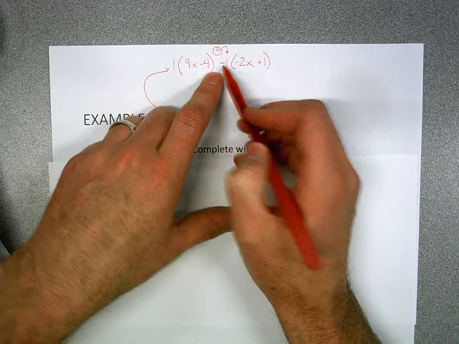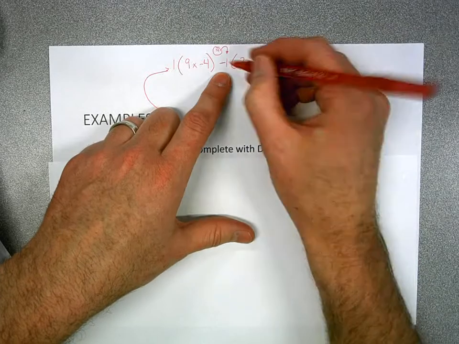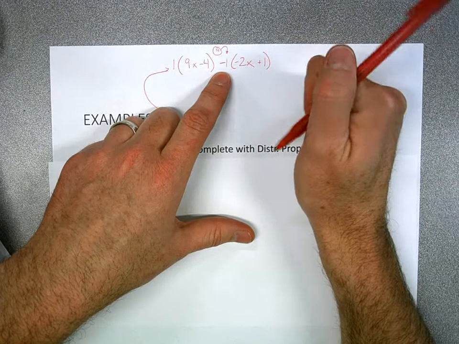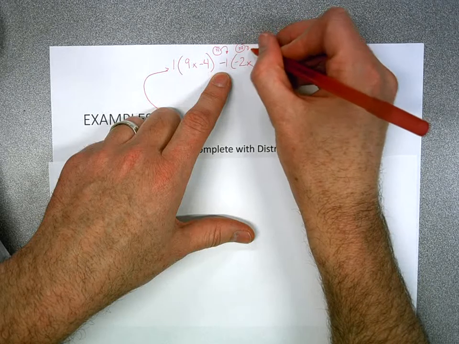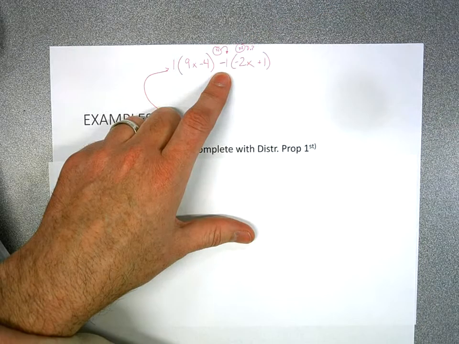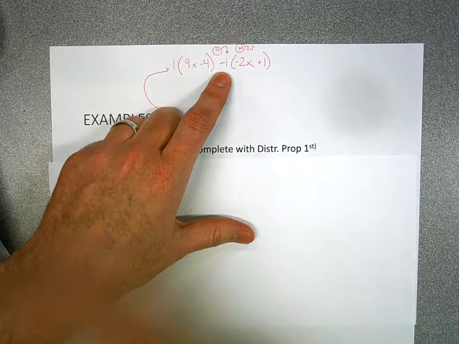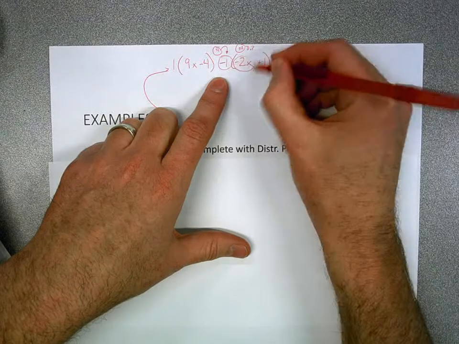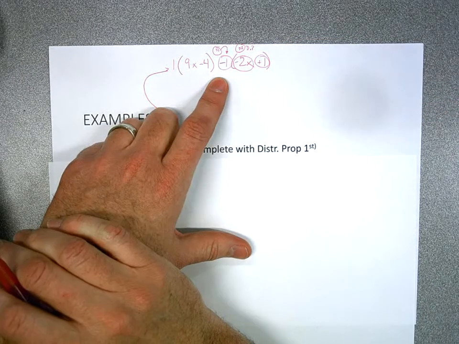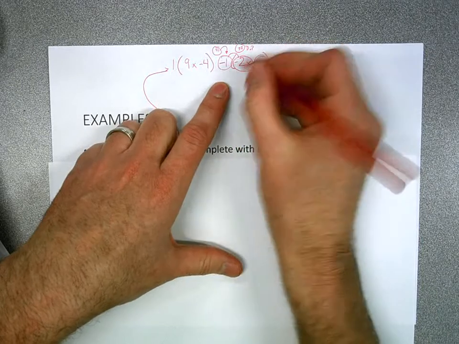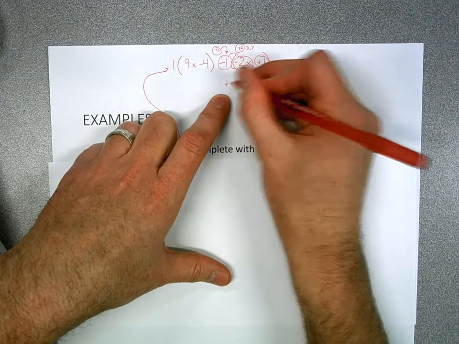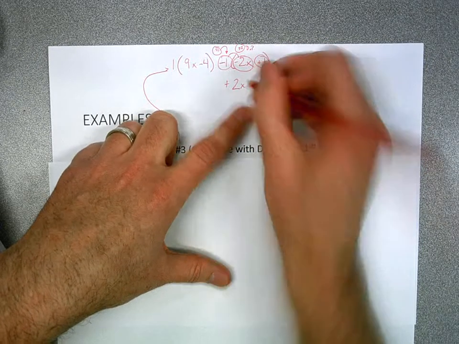This subtraction sign, though, when we squeeze the 1 in there, it becomes a negative 1, which means step 2 is we're going to need to do the distributive property on the second linear expression. So we have a negative 1, a negative 2x, and a positive 1. Negative 1 times negative 2 is a positive 2, of course, with x.